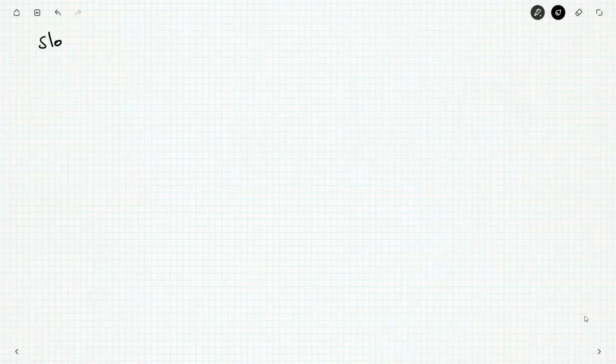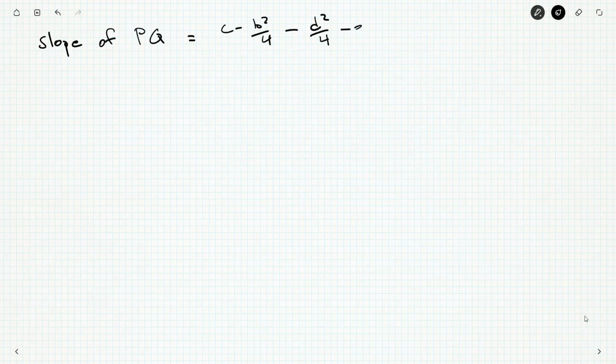So now the slope of PQ, and it was rise over run. Okie dokie. I'm going to multiply top and bottom by 4, I guess.